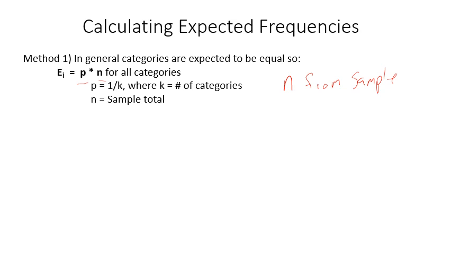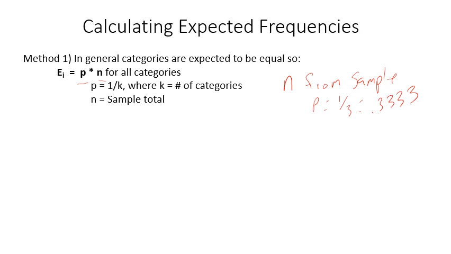The p, the probability, is going to be equal to 1 divided by k, where k is the number of categories. So if there's 3 categories, then probability would be equal to 1 divided by 3, which is equal to 0.3333.